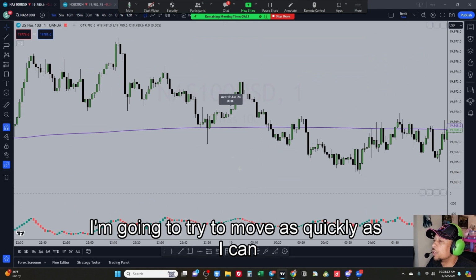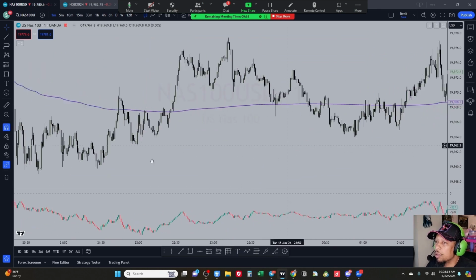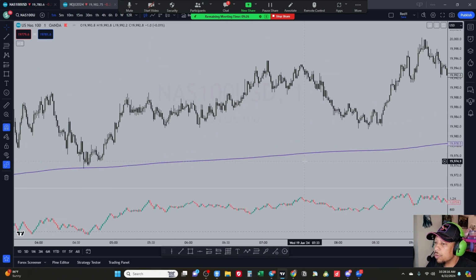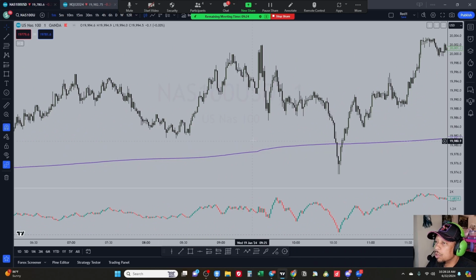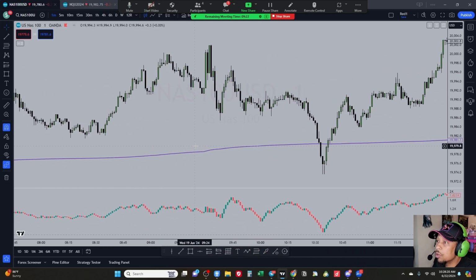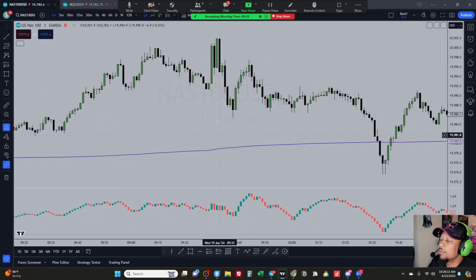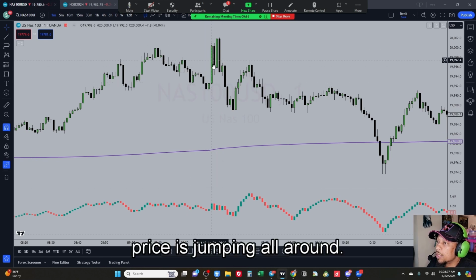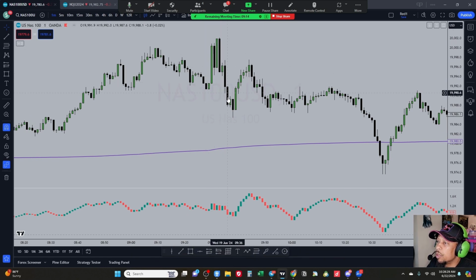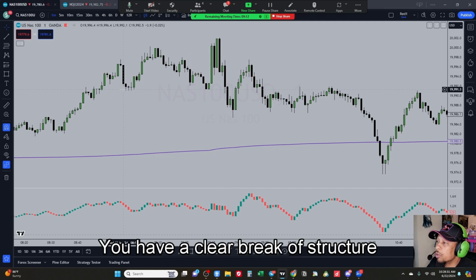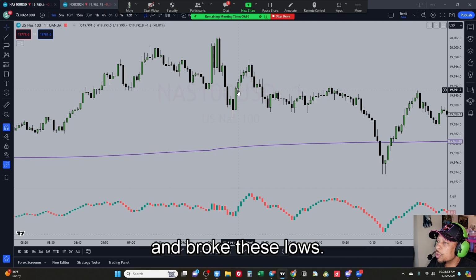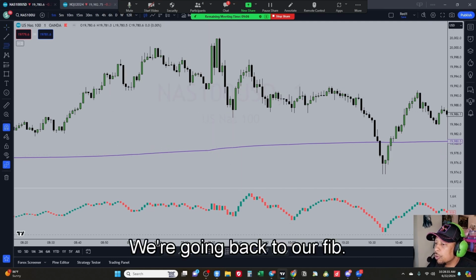I'm going to try to move as quickly as I can. Stretch this over. Here's 9:30. Again, 9:30 open. Price is jumping all around. Boom, you have a clear break of structure. And it broke these lows. We're going back to our fib.